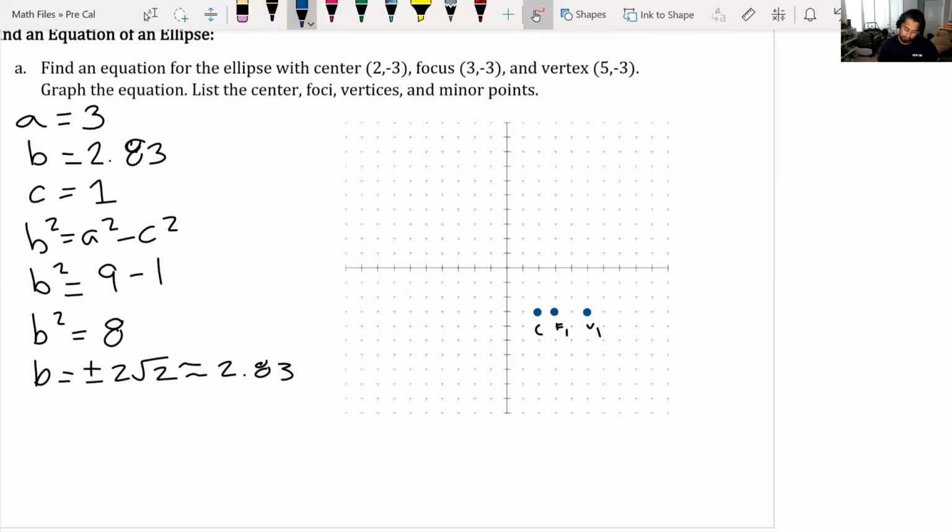All right, so this means that we can find our minor points as well.